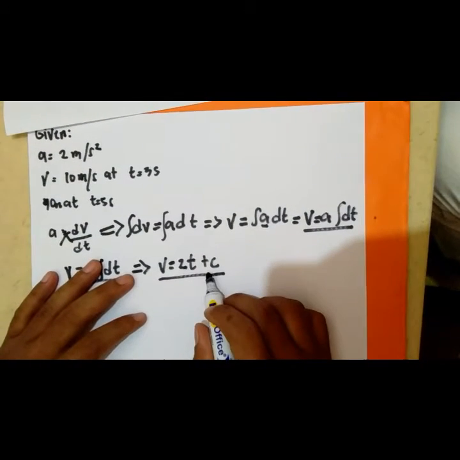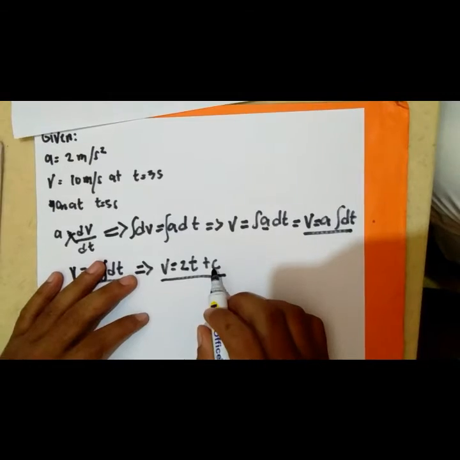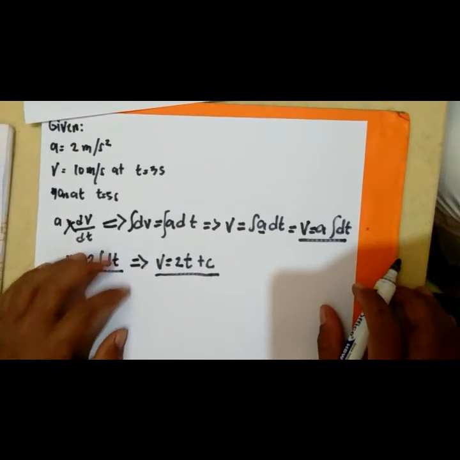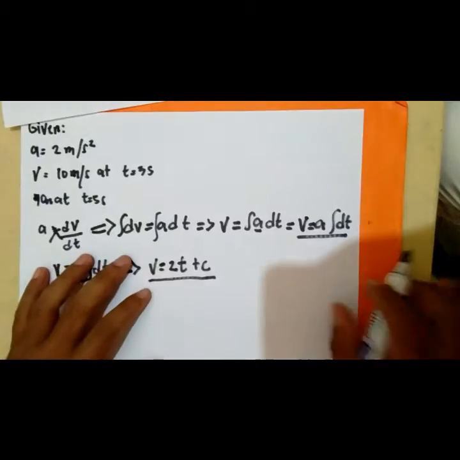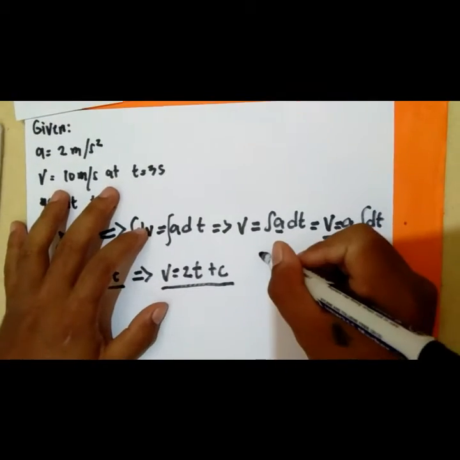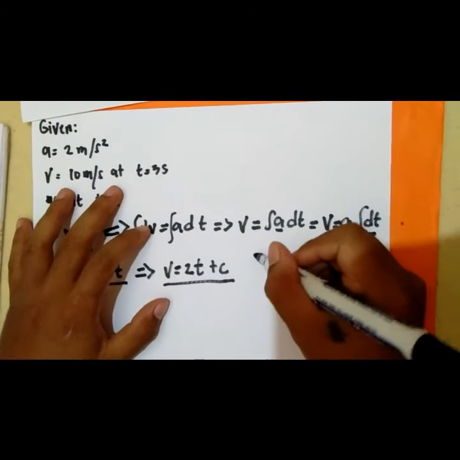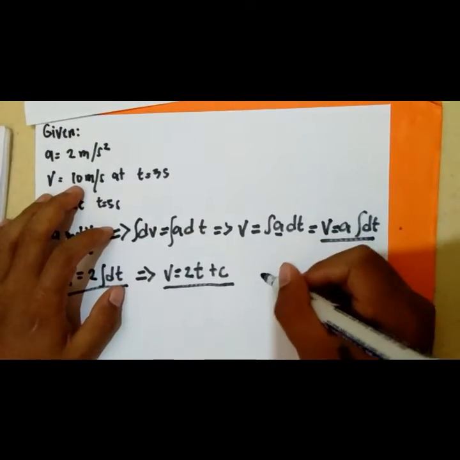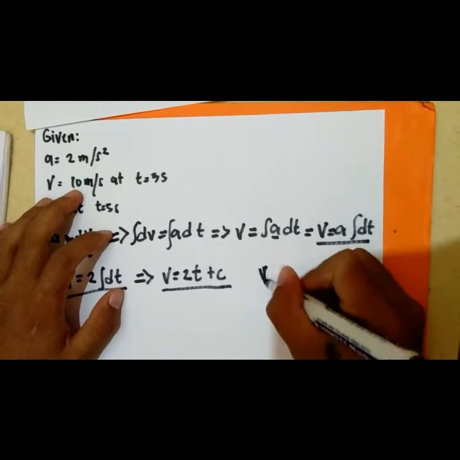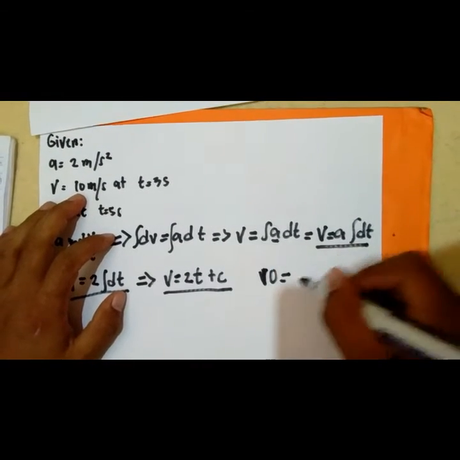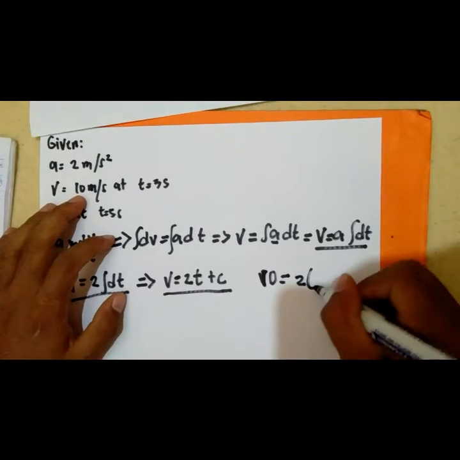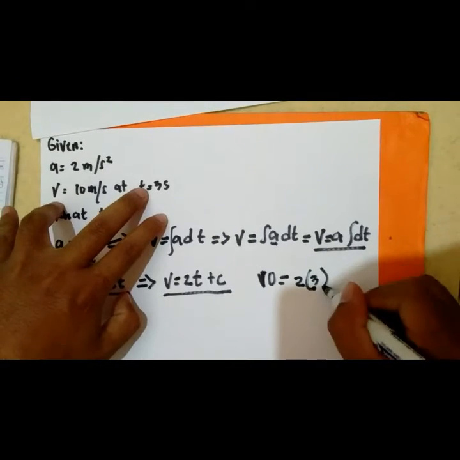To get the constant of integration c, we will use the velocity, which is 10 meters per second at time 3 seconds, by substitution. So we have 10 equals 2 times 3 plus c.